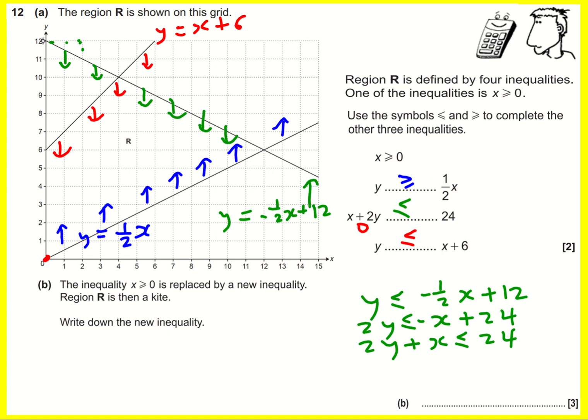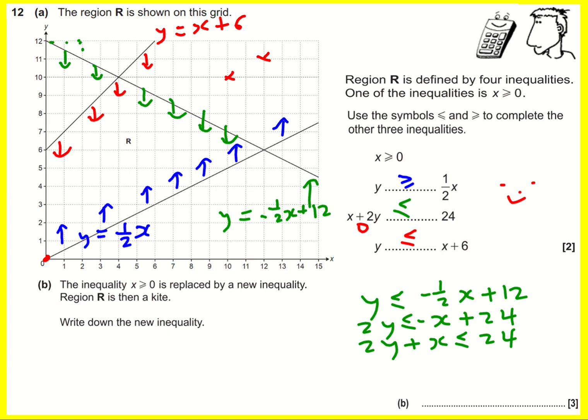Whereas if I put in something over here, what about let's go with 10 and 10. So if I did 10 plus 2 times 10, which is 30, that's not less than or equal to 24. So I can see it's not above the line, it's got to be below the line. So there's two ways to do it. You can either do it the way I did it first of all, or you can check a point. But there's the answer anyway.